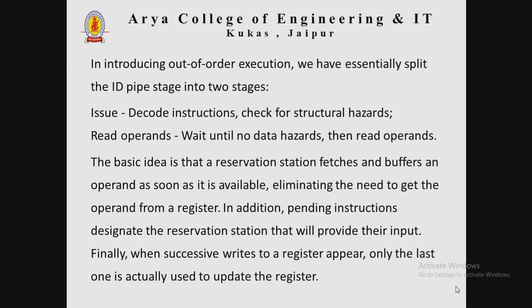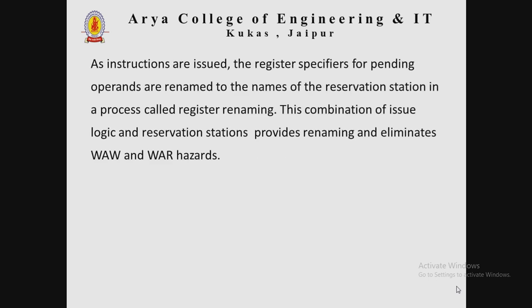Finally, when successive writes to a register appear, only the last one is actually used to update the register. As the instructions are issued, the register specifiers for the pending operands are renamed to the names of the reservation stations, in a process called register renaming, in which the names of registers are rearranged or changed.